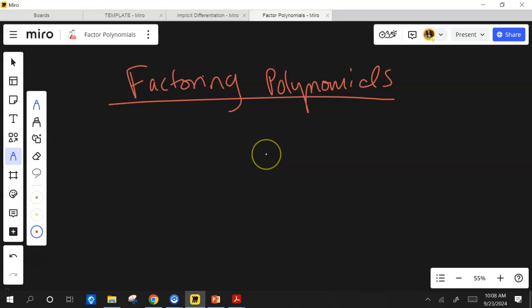This clues me in that it's what we call quadratic form. And anything in quadratic form, I factor just like a quadratic, which is when we did what we called grouping. Let me show you what I'm talking about.